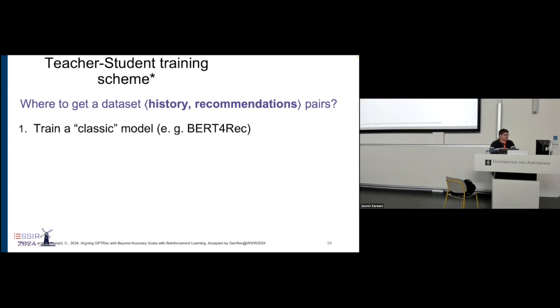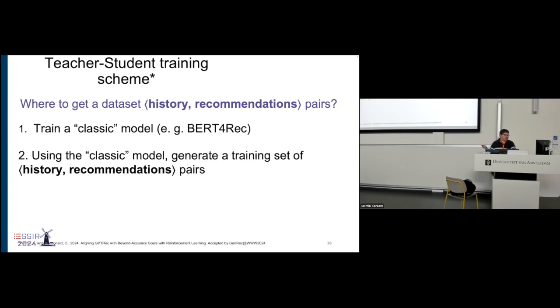So our solution was, let's train Petrov. Petrov is a very high quality model. Let's train this classic model and use the output of this Petrov model to train this new GPT-REC. And we train GPT-REC the same way as the original GPT is trained.